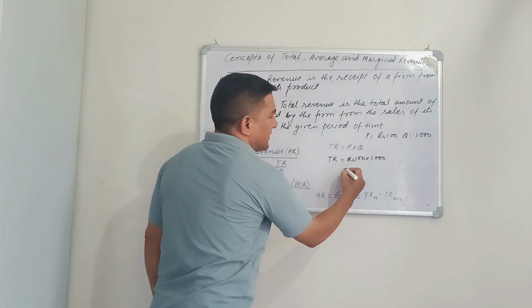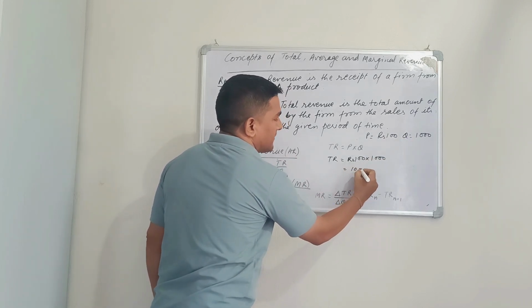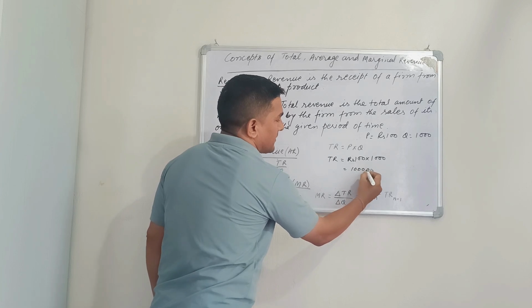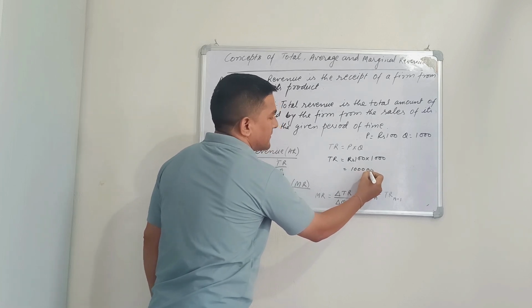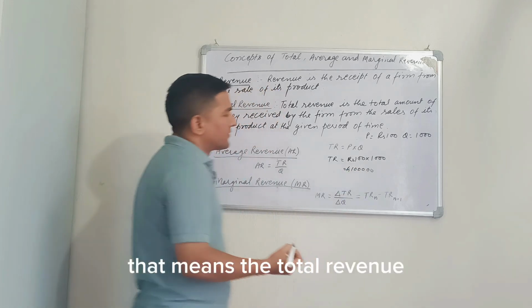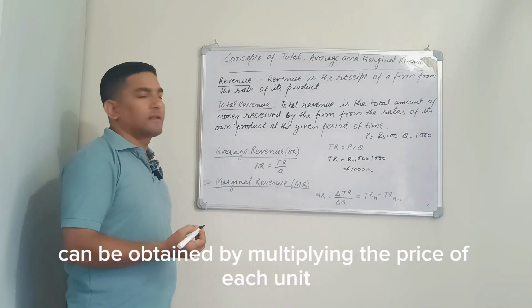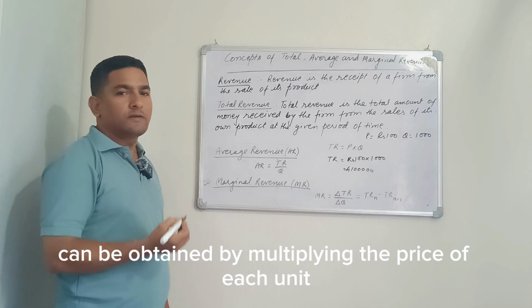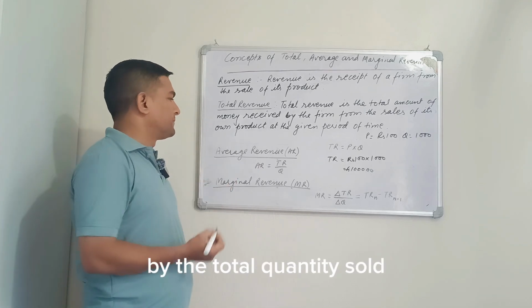That means rupees 1 lakh is the total revenue. That means the total revenue can be obtained by multiplying the price of each unit by the total quantity sold.